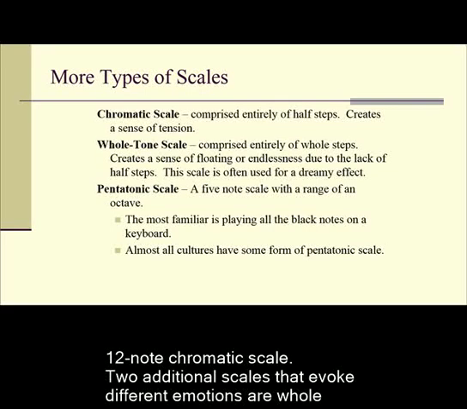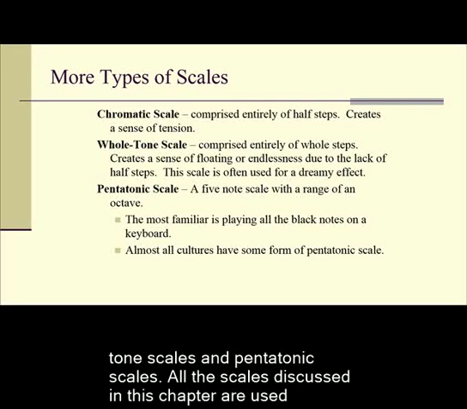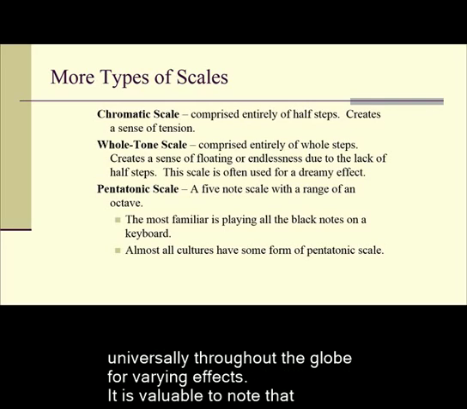Two additional scales that evoke different emotions are whole tone scales and pentatonic scales. All the scales discussed in this chapter are used universally throughout the globe for varying effects.